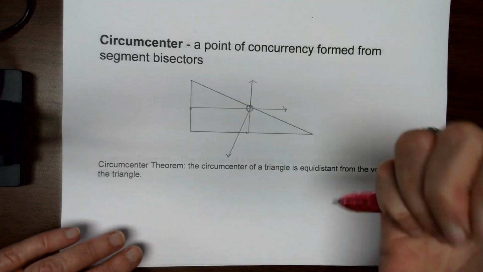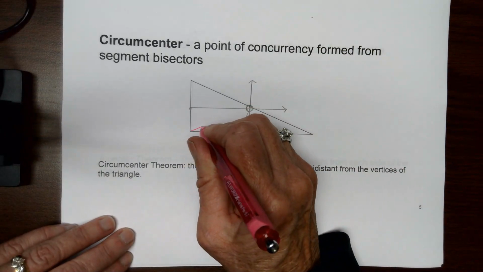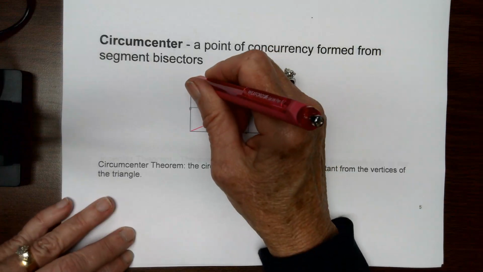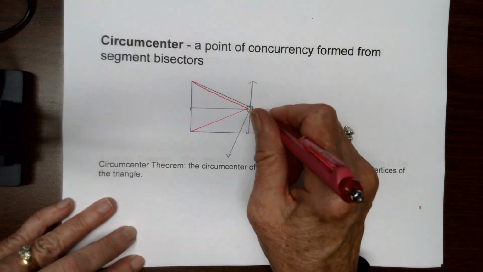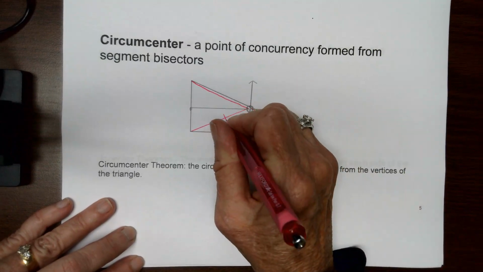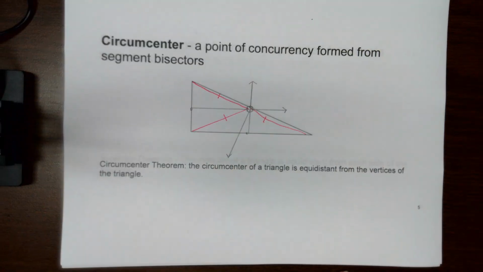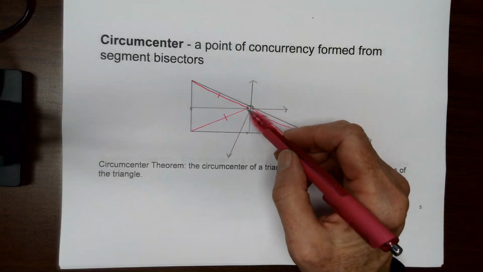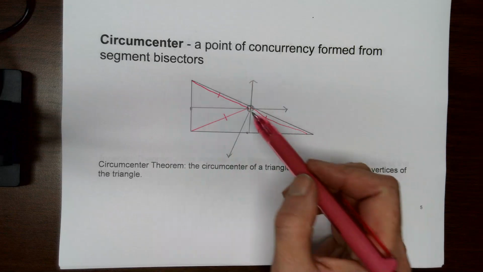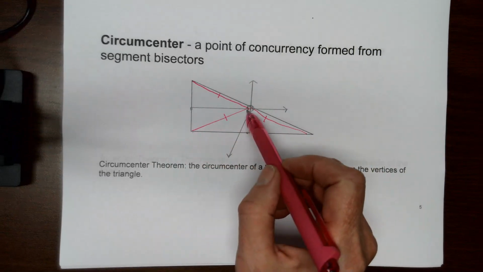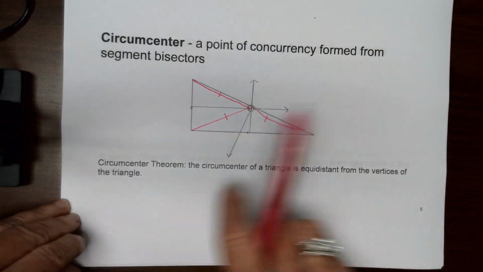So this point right here is the same distance from that angle, that angle, and that angle, and all three of those would be congruent. The point where they all cross is the point of concurrency called the circumcenter, and that point is equal distance from each of the three vertices. That's the circumcenter theorem.